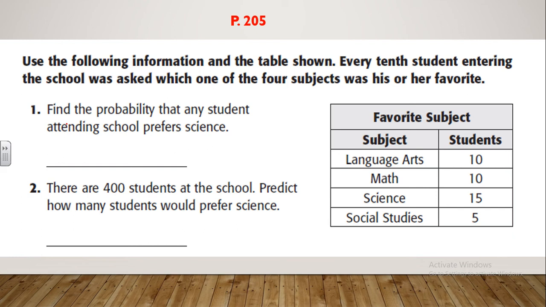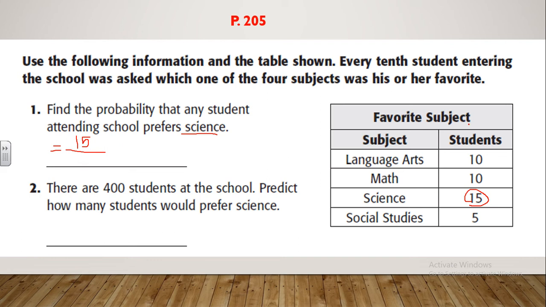Here he asks you, find the probability that any student attending school prefers science. So, like we said before, to find the probability of any event, all we have to do is make a fraction. And here he asked about science. So let's see how many students prefer science. We have 15, so we will write 15 up. And down we will write the total number.